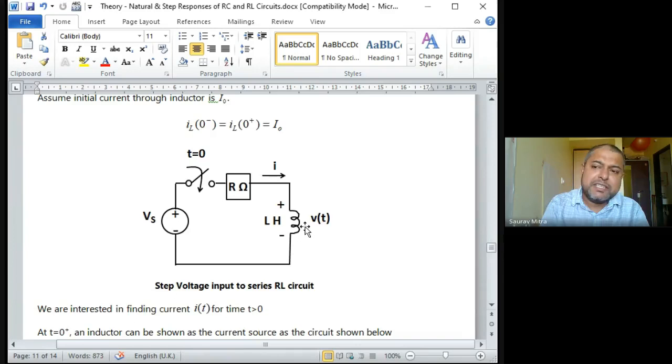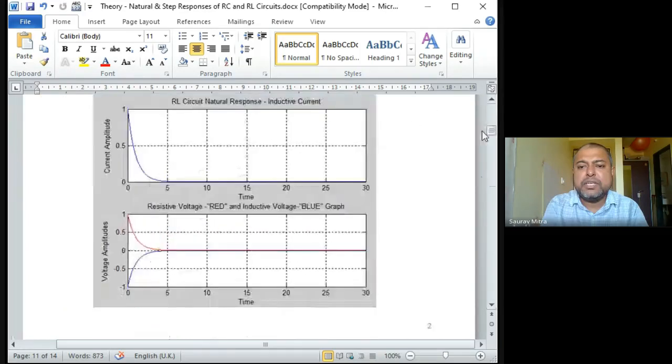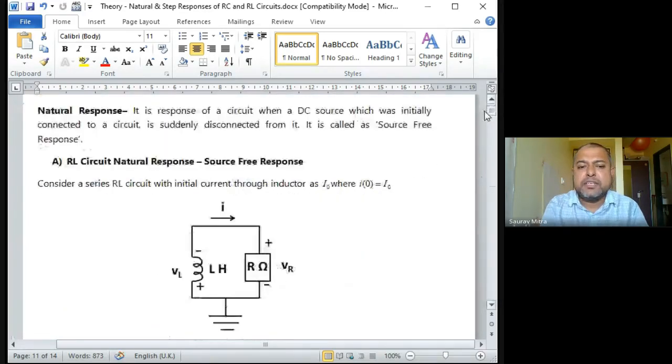So initially we charge the inductor or the capacitor, and after it gets charged to a certain extent, we remove the supply and make the RC or RL a closed loop. How does the circuit look? It is shown here at the top. This current I has to be generated because this inductor was charged initially. How the circuit is going to discharge, that is going to be the natural response.